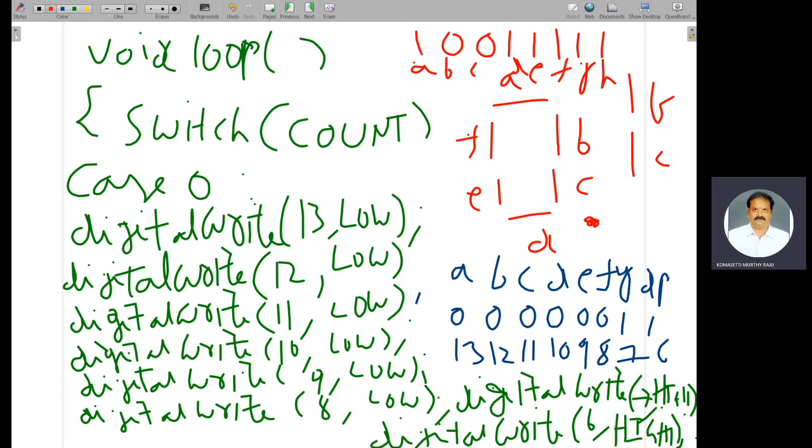The 13th pin assigned to A is high, digital write 13 high. The 12 pin is assigned to B, that is low, digital write 12 low. In this way, we have to write all the cases.